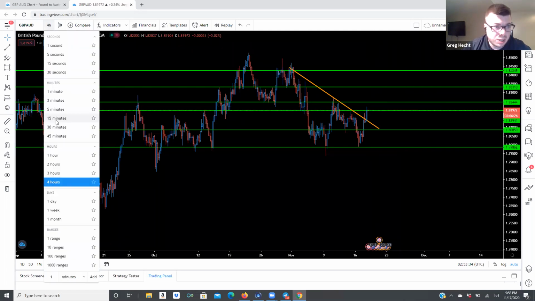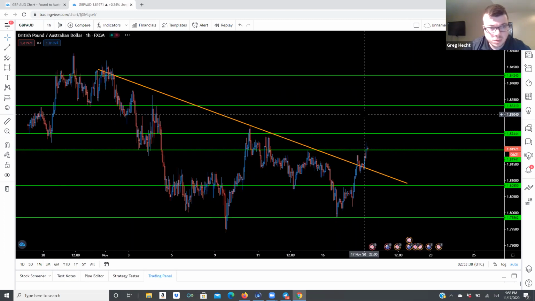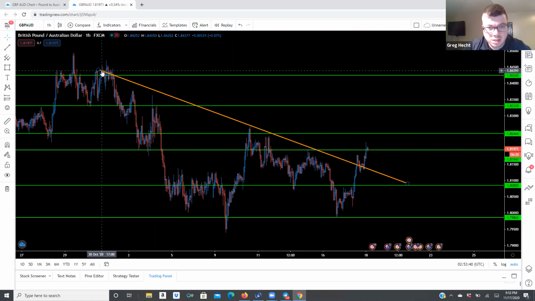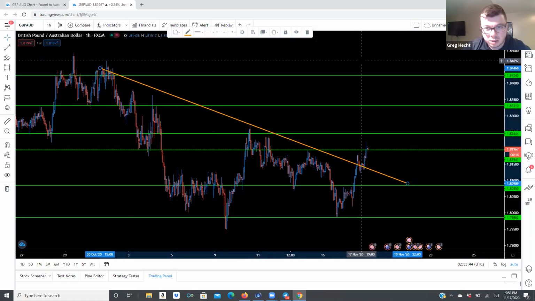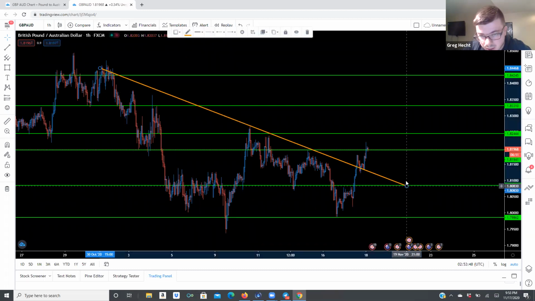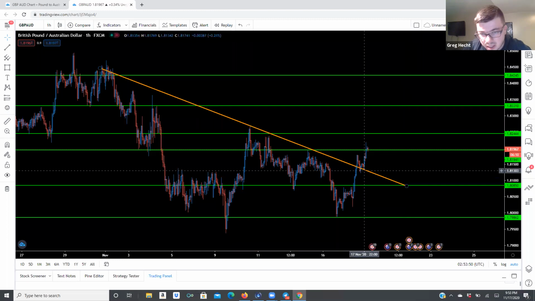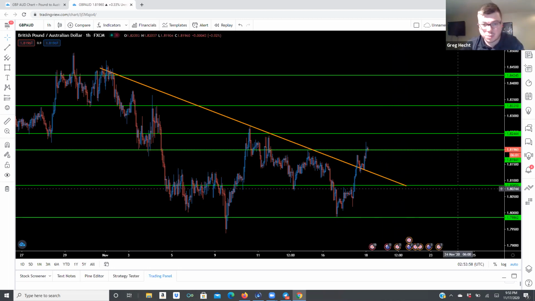So let's go to the 1 hour real quick. As you guys can see, even marking it up from that 1 hour, you can see where it came down and retested that trend line, engulfed, went to the upside. Now it's testing this newfound support, right?